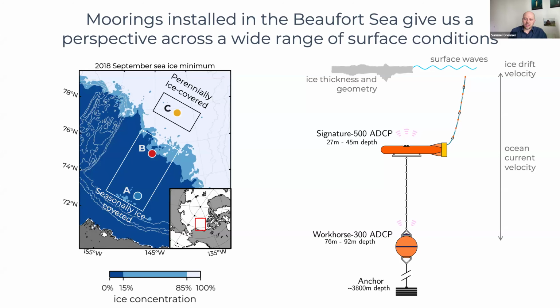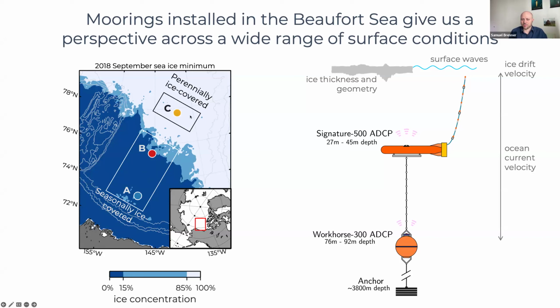And so today, the ones that I'm going to be showing are made from a set of moorings that we installed, as I said, for a year in this sort of roughly north-south line in the Canada Basin. And the advantage of having these moorings, and this is just a schematic of what those moorings look like, these fixed in place measurements, is that we get a view as the ice changes and advances and melts throughout the season.